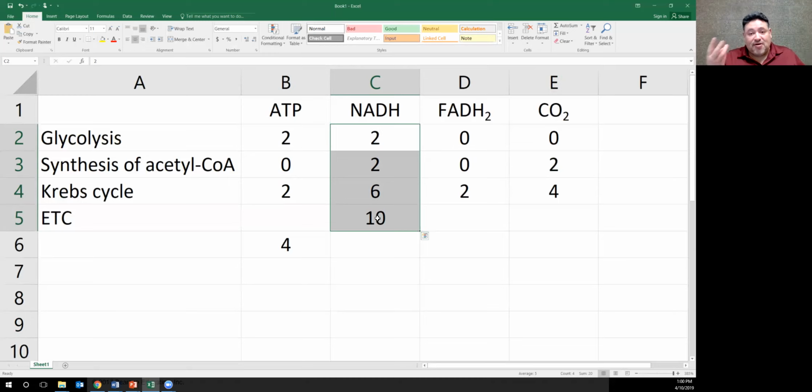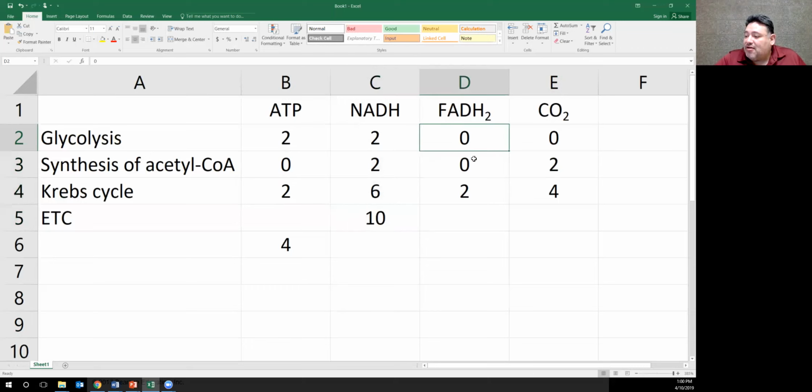So 1 NADH, 3 ATP. 10 NADH, 30 ATP. Okay. For FADH, when we do our sum there, that's a little bit different. FADH has a slightly lower energy. So you don't get 3 ATP, you only get 2.